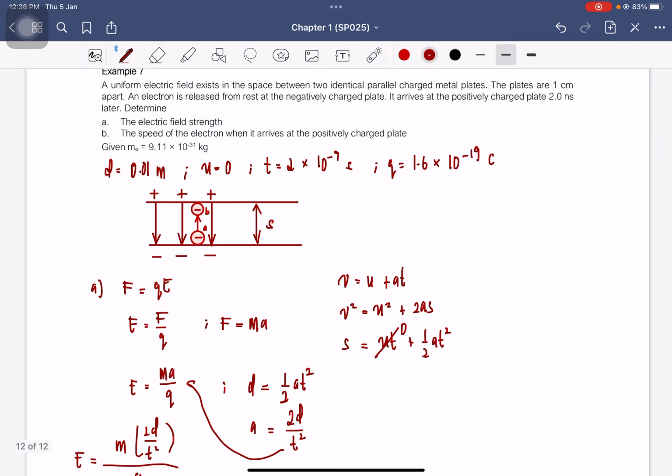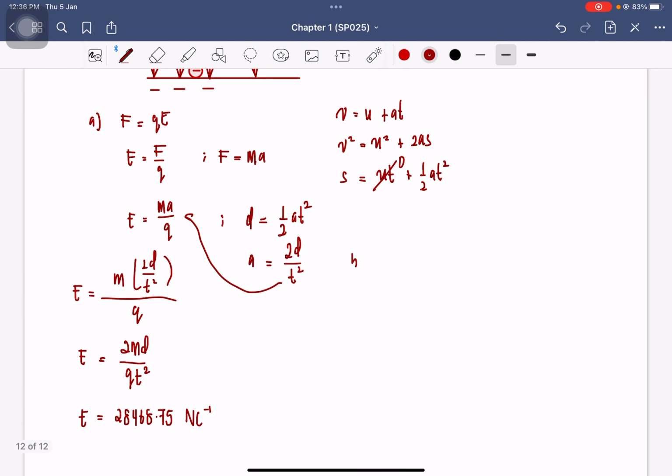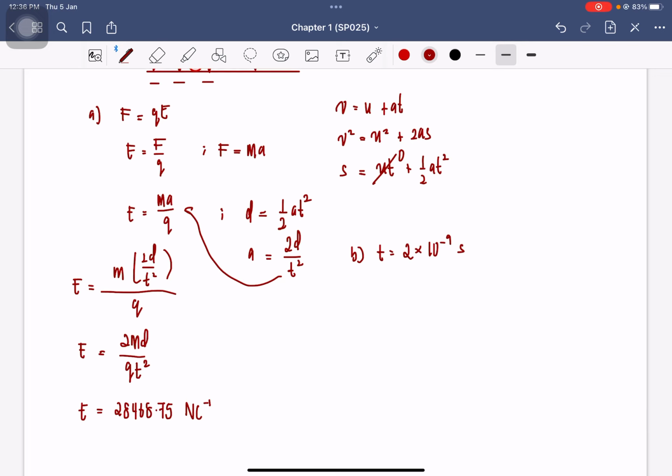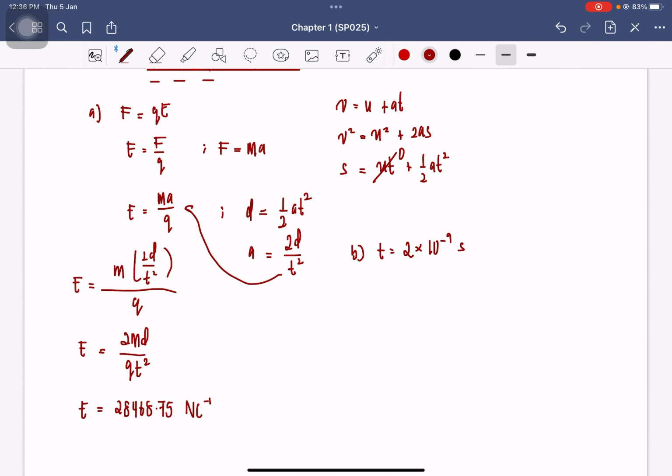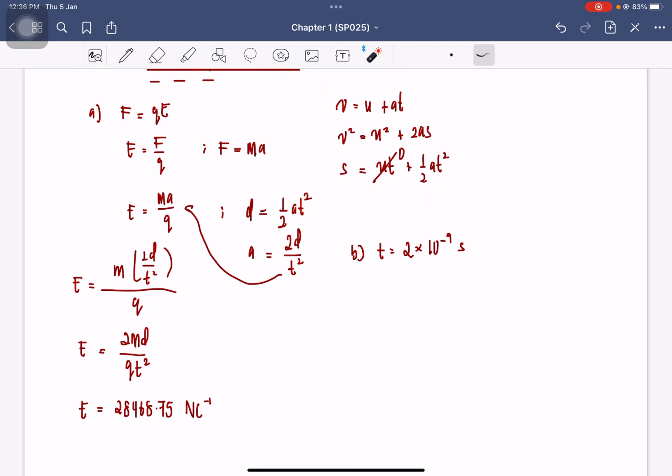Okay, so next we have to determine the speed of the electron when it arrives at the positively charged plate. So it arrives 2 nanoseconds later, and we can again reuse one of these equations, or use new equations, but basically I'm just going to use this one because it's much easier, and the information is already there. So this is V = U + AT.